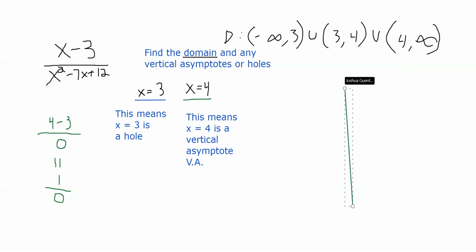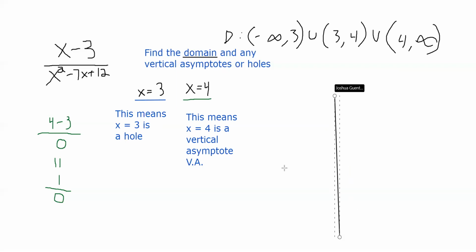So let's sketch up a quick graph of what this is going to look like. Now, technically, when we graph, these rational ones are not so easy to graph all the time.